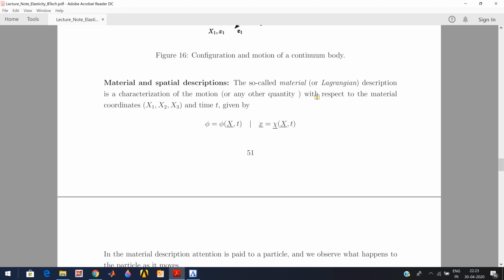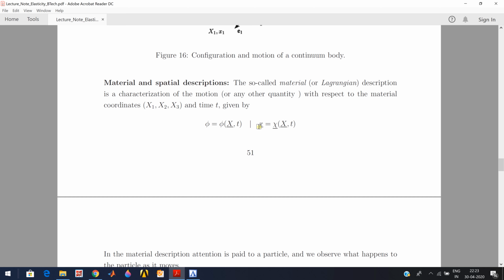So if we describe some quantity, let us say phi, with respect to the material coordinates and time t, that description will be called the material description or the Lagrangian description. So phi can be any other quantity like temperature, velocity, etc., and this chi denotes the motion.